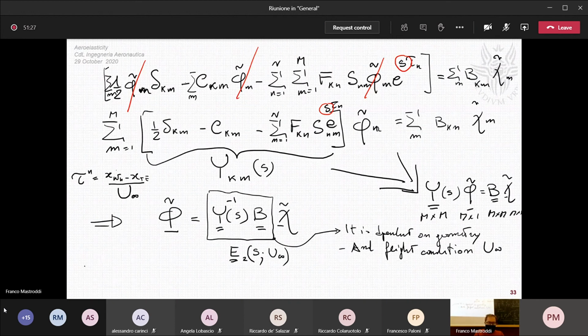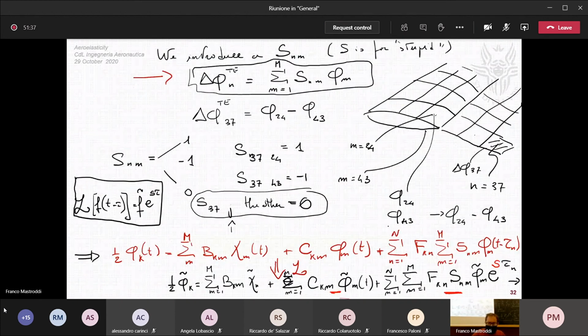We have e to the power S. Oh, I'm very stupid. You have a minus sign here. Excuse me, correct this. You have minus. This is the rule for the exponential for the Laplace transform of a delayed function. I am very tired. I'm sorry. So we have minus. Okay?